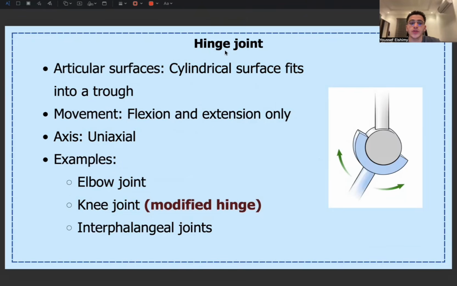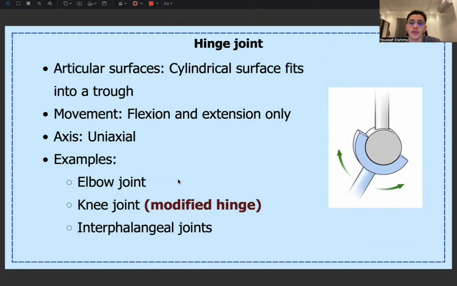Then we move on to hinge joints. And as you can see, the articular surface is a cylindrical surface that fits into a trough. And the movement is just flexion and extension. So, for example, the elbow joint, as you can see, you can flex and extend. And this is also a movement that is uniaxial, or just moves in one axis. An example is the elbow joint, as we mentioned, and we have the knee joint.